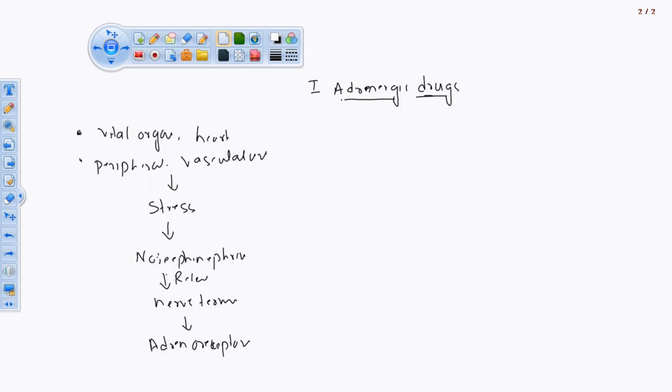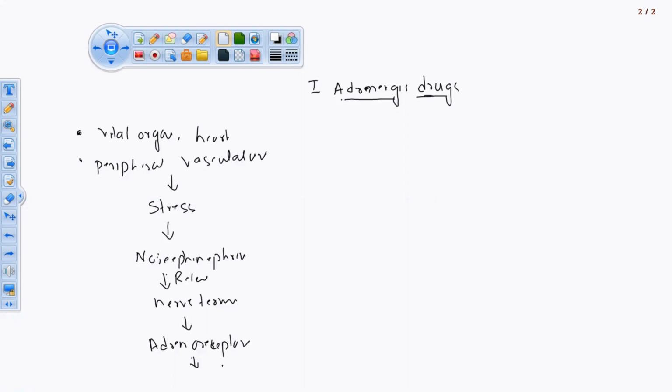If something is happening in the vital organs, the receptor will take the sense and send a message to the adrenergic system, the adrenoreceptor. We know there are different kinds of synaptic sites in our body, in the external or internal parts.